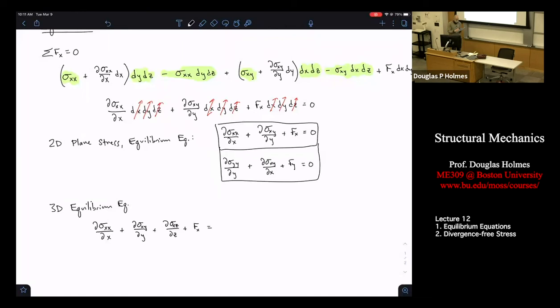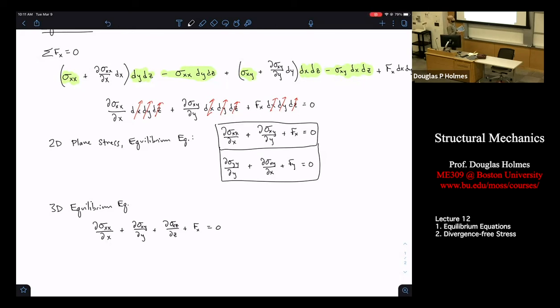To be clear, that's f sub x, not f times x. It's just pattern recognition that gets us there.